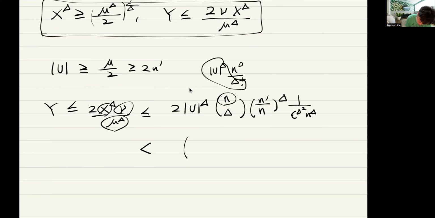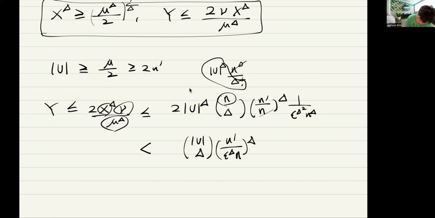So this gives you U choose delta as an upper bound, and this cancels out, and the remaining parts are n prime over epsilon delta n to the delta.